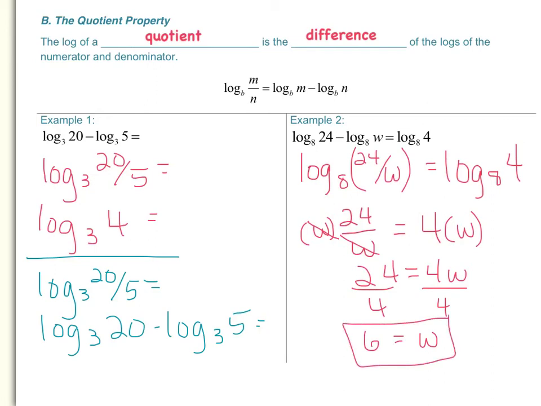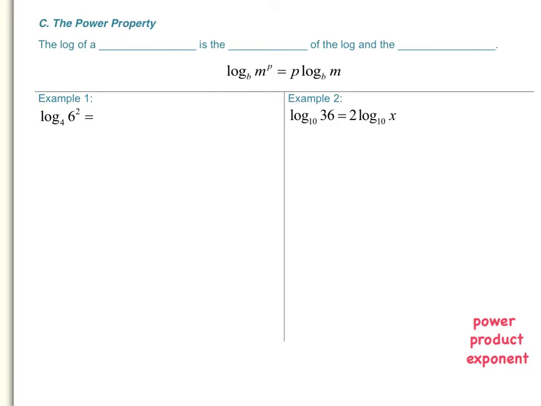Now let's look at our third property. The third property is the power property. And it basically says the log of a power is the product of the log and the exponent. Now what this means is if you have an argument raised to a power, then you can rewrite that as the exponent, which this would be the p right there, times the log.